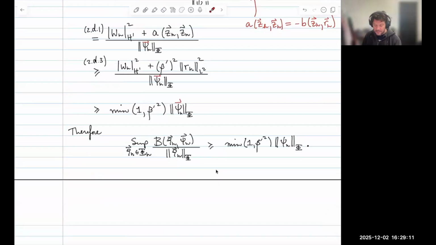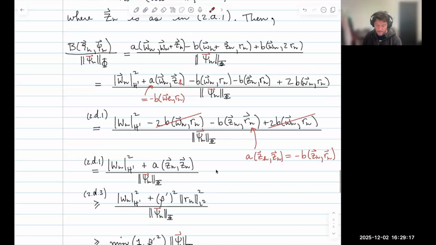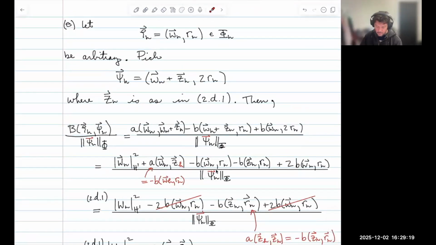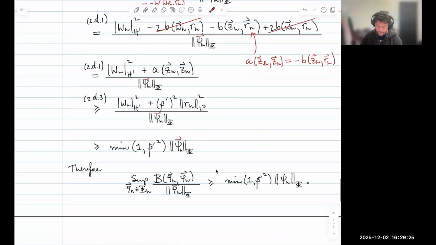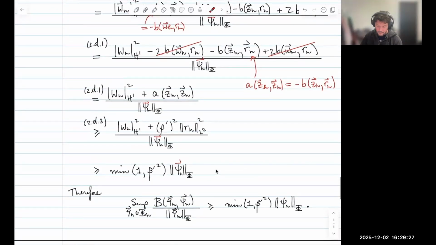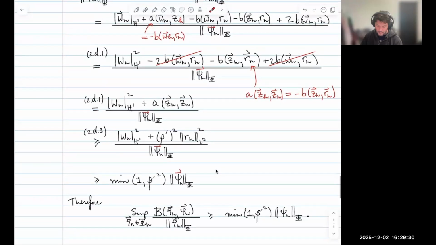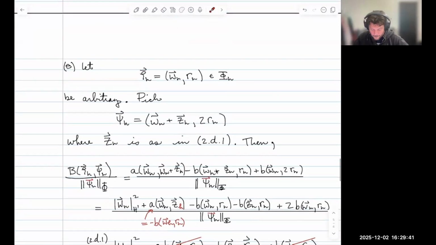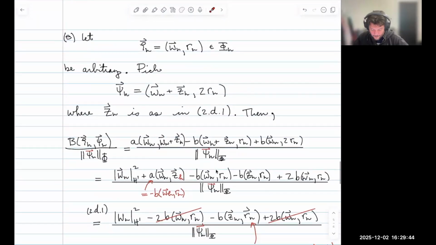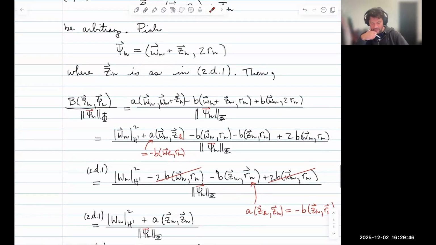Now, I showed this for a particular choice of, let's see, did I do that right? I did that wrong. Let's see. Oh, okay. So I still have an error here. I didn't see that error.